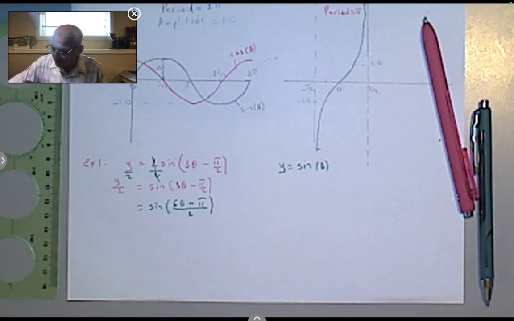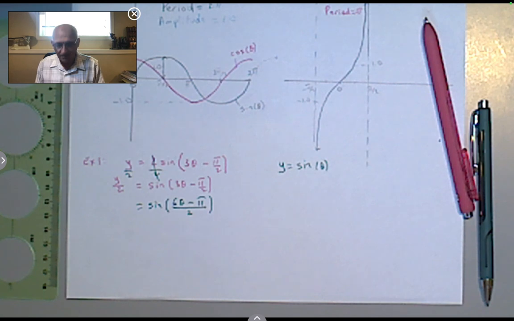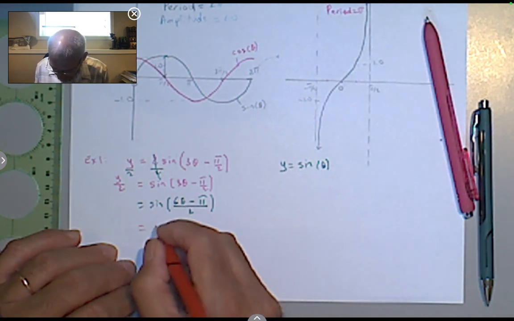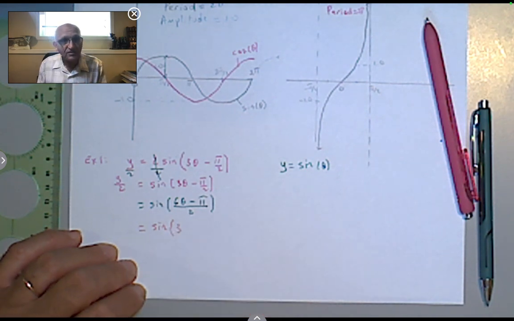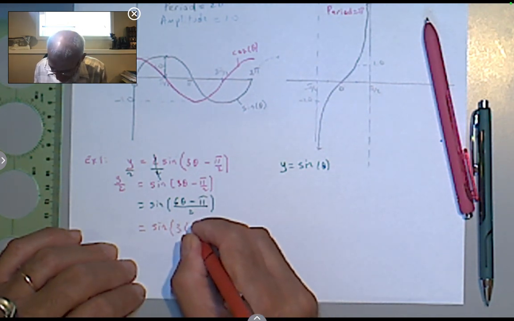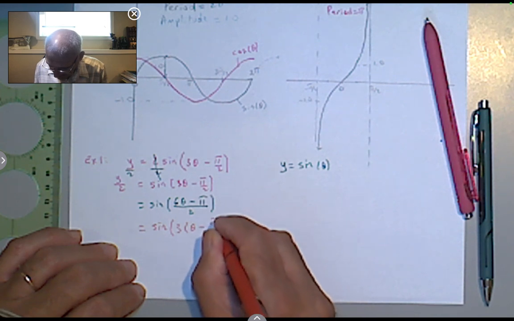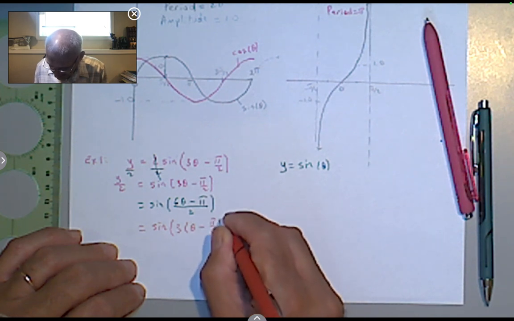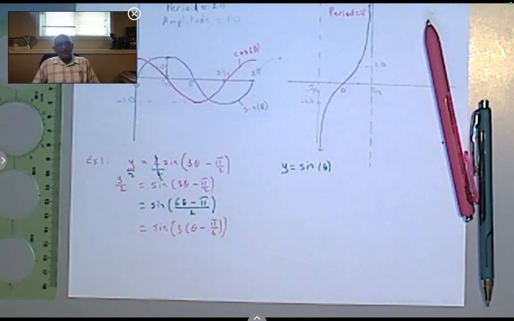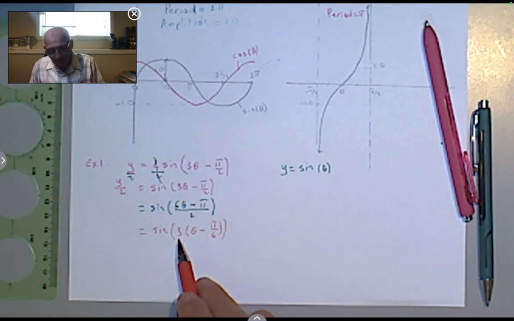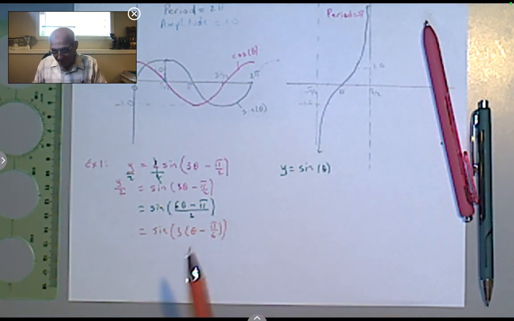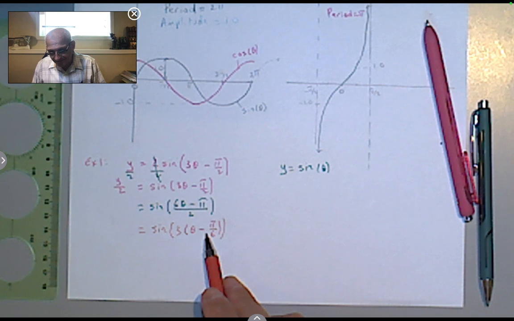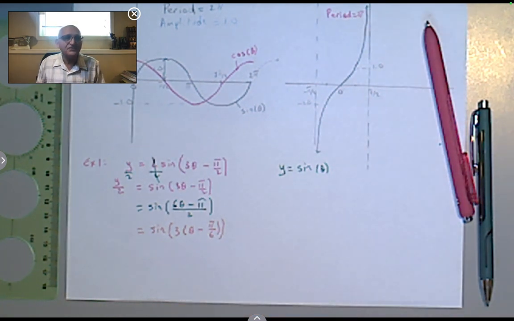In that one, I want this to be just theta. So I'm going to say sine, take a factor of 3 out, and that would be theta minus pi over 6. And I'm going to divide by 3, meaning shrink the period by a factor of 3, then have a phase shift of pi over 6.